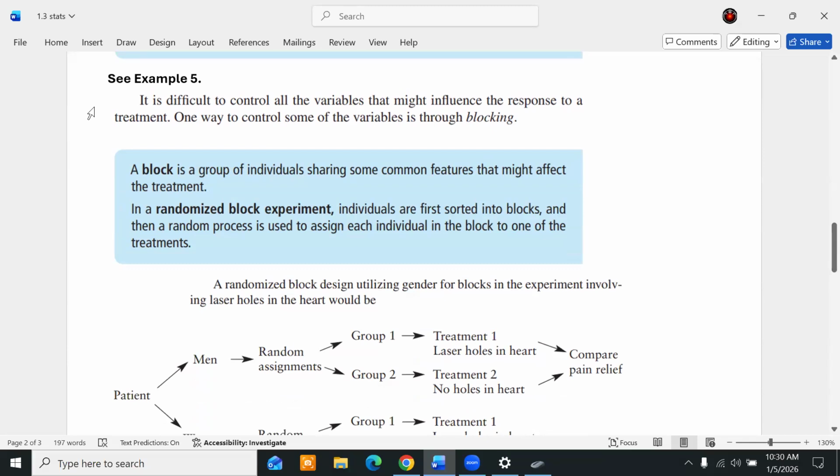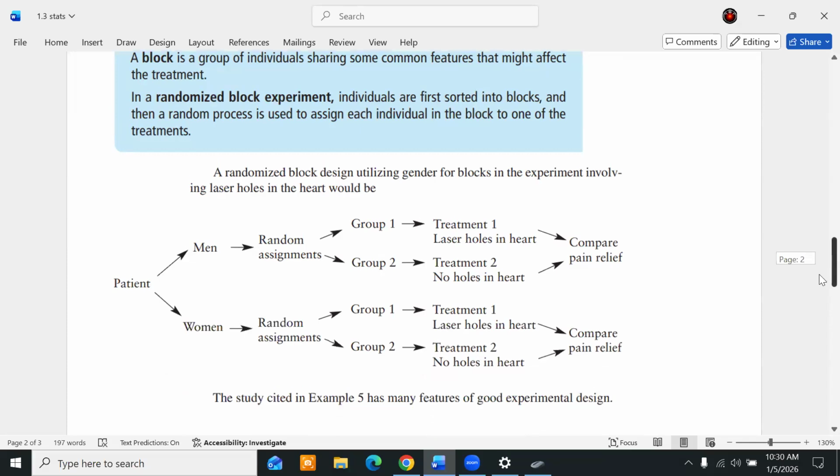It's difficult to control all the variables that might influence the response to a treatment. One way to control some of the variables is through something called blocking. A block is a group of individuals sharing some common features that might affect the treatment. In a randomized block experiment, individuals are first sorted into blocks, and then a random process is used to assign each individual in the block to one of the treatments.